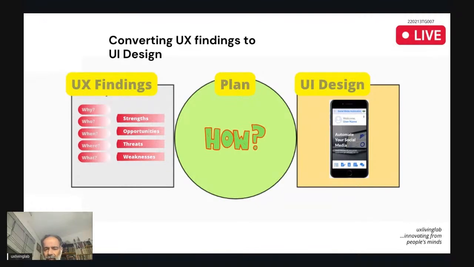Today we are talking about how to plan a UI design project from UX findings. Before you execute the design in colors and shapes, how to plan to start the UI design. That's a bridge between UX findings and UI design.